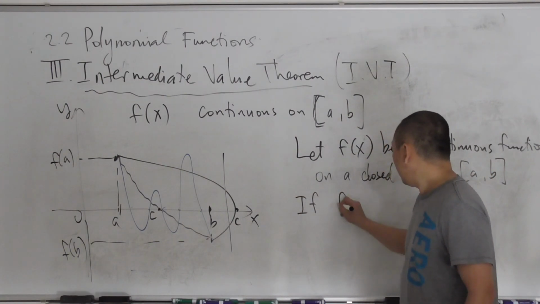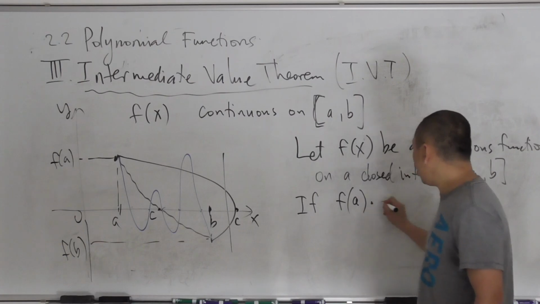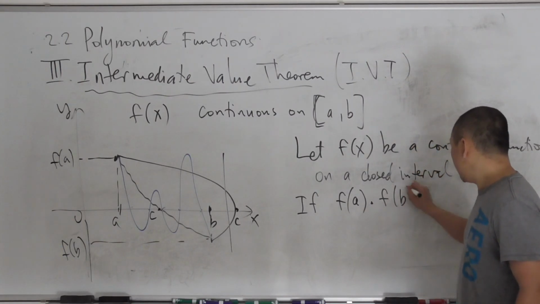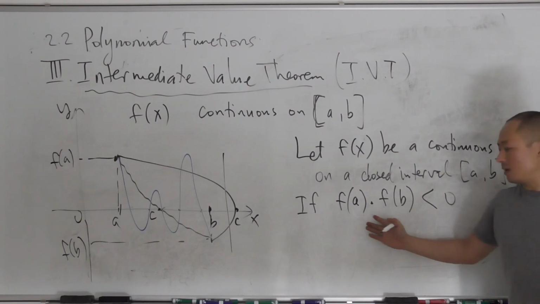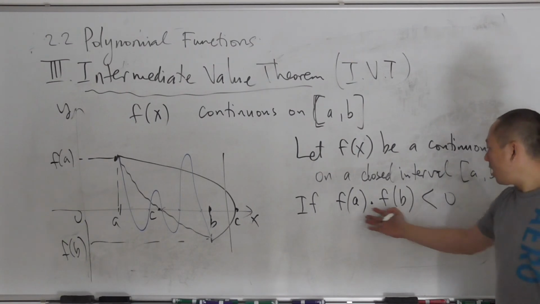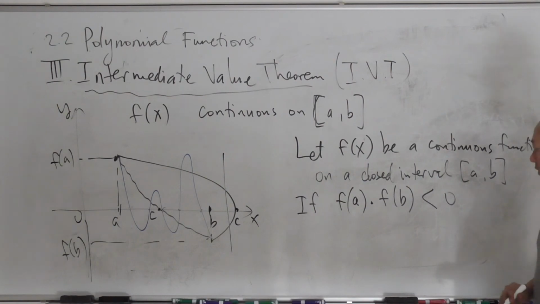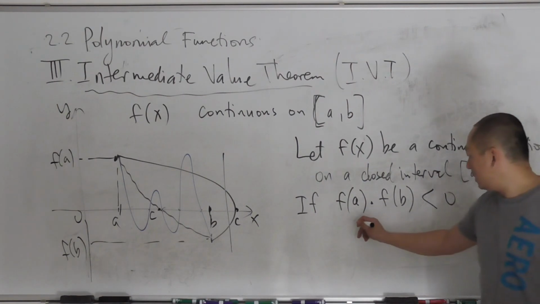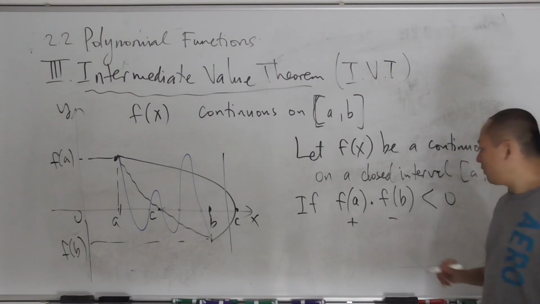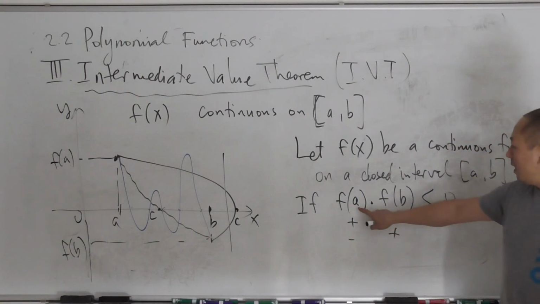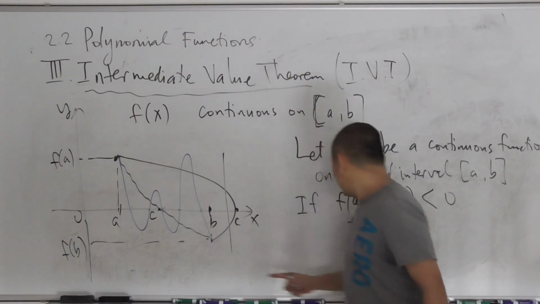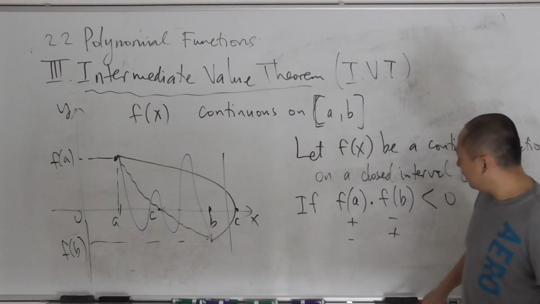If f of A times f of B is a negative number, and you see why it's going to cover both cases. The product of two factors equal a negative number. We have two cases. Either this one is positive times a negative number, or it could be a negative number times a positive number. Positive means the point is above the x-axis. F of B negative means it's below the x-axis.